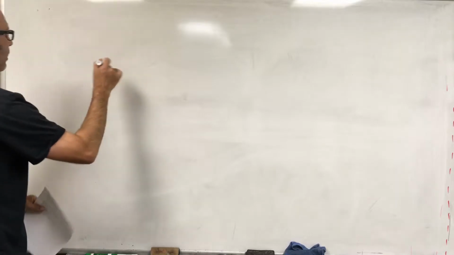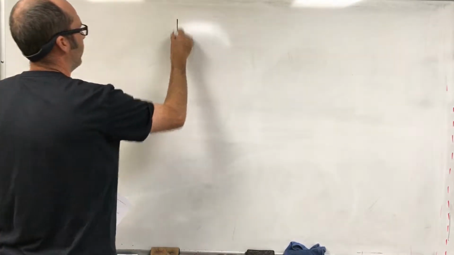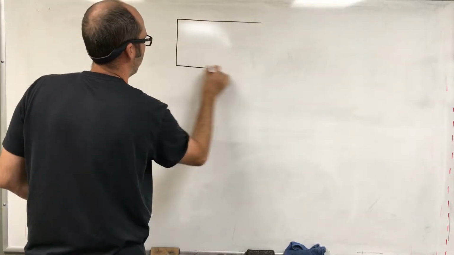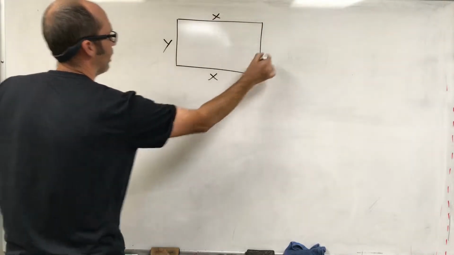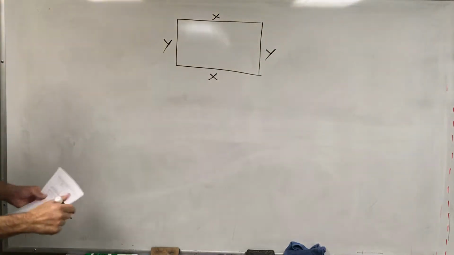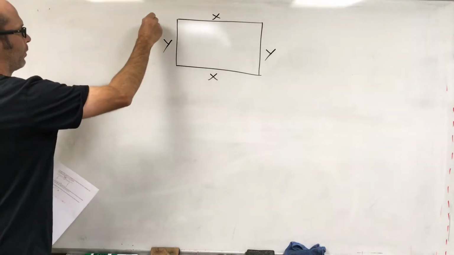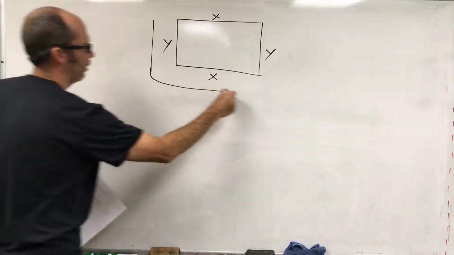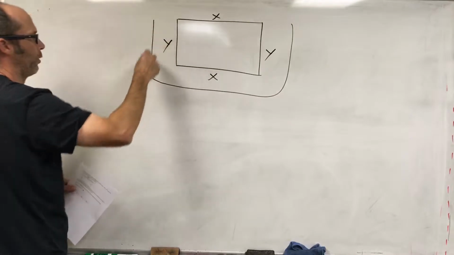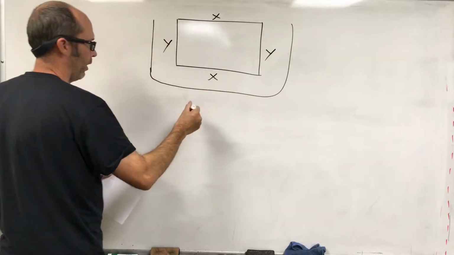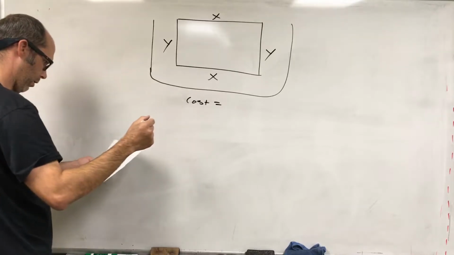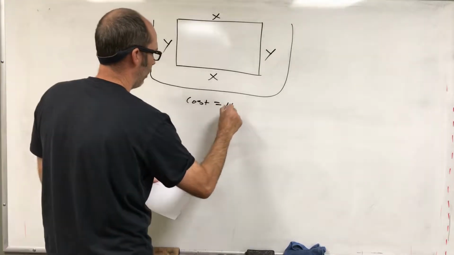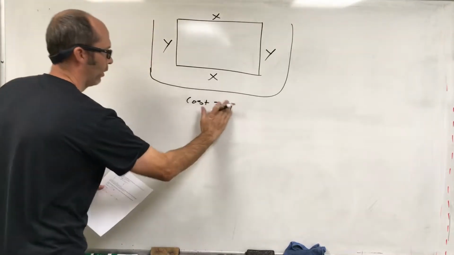So first we want to get, so I guess we might as well draw the picture. X, X, Y, and Y. Okay, along these here, Y, X, and X, the cost is $4, right? $4.